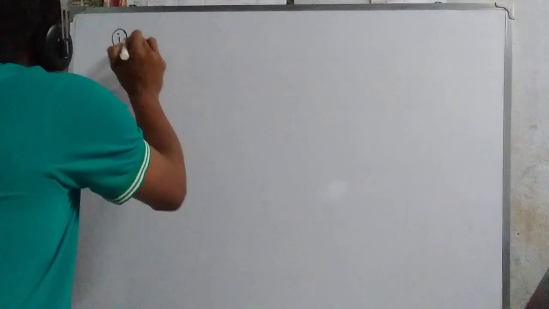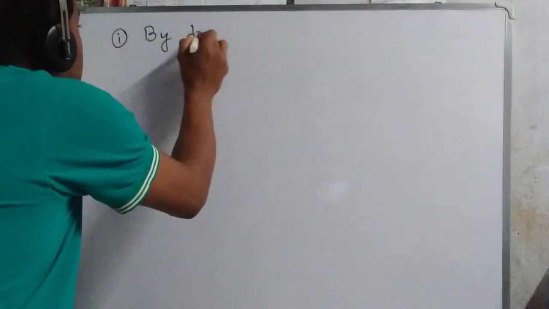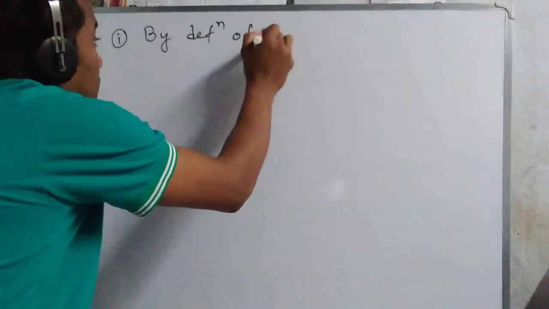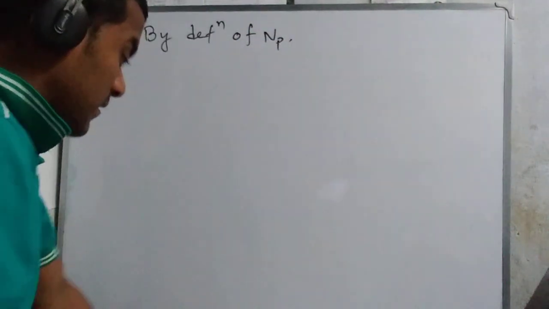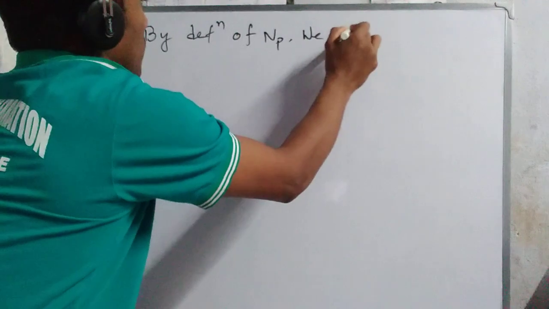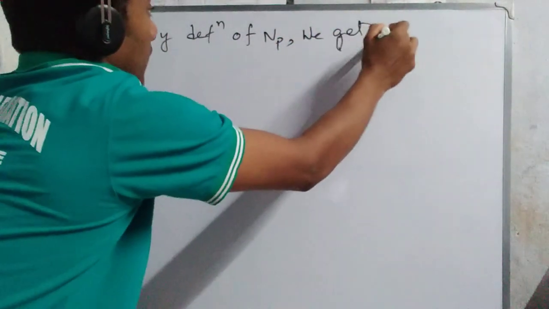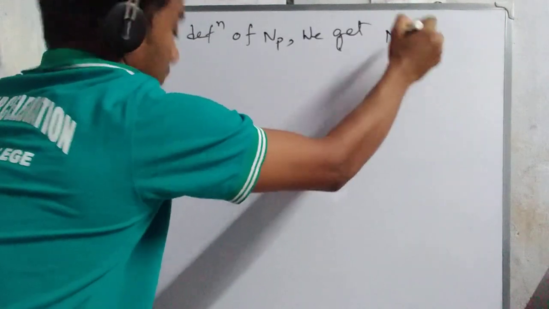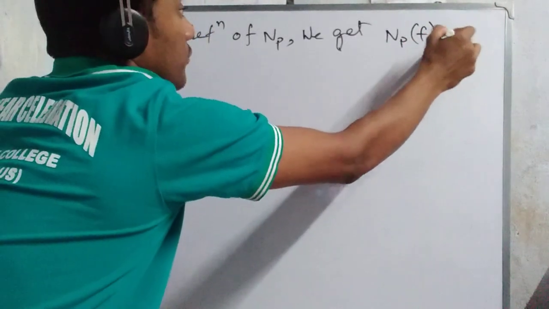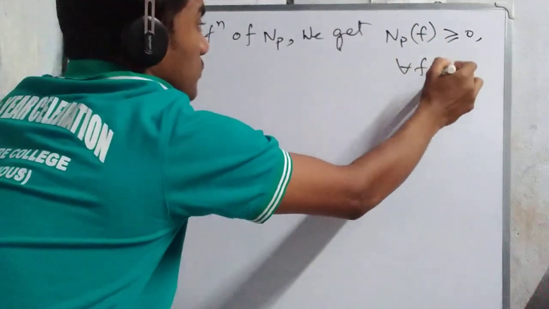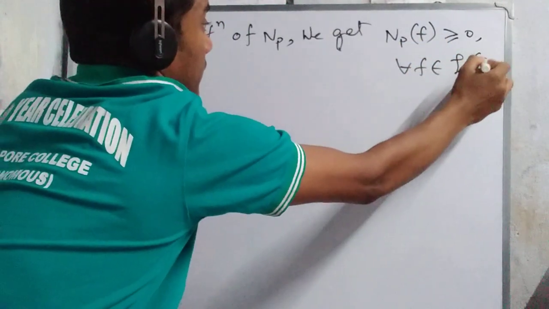Now by the definition of N_p, we get N_p(f) is greater than or equal to 0 for all f belonging to L^p(E).